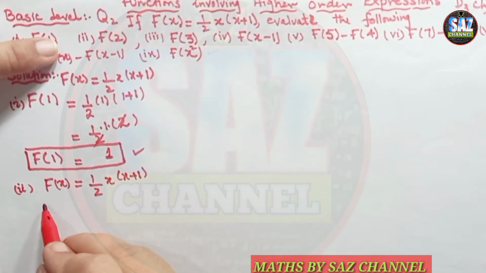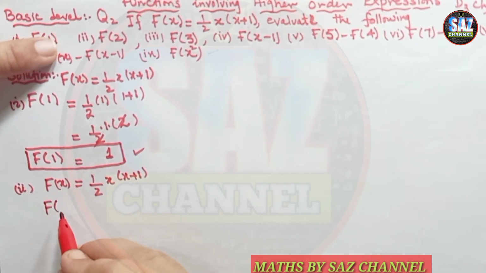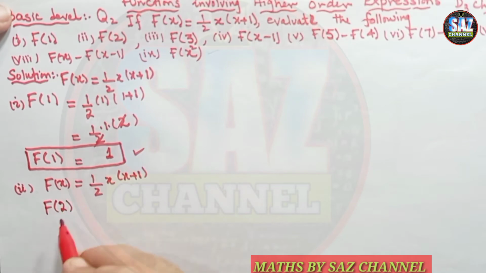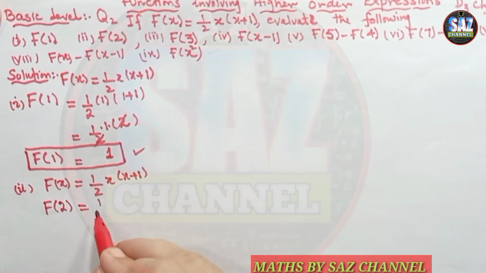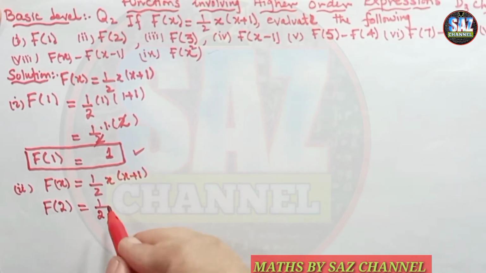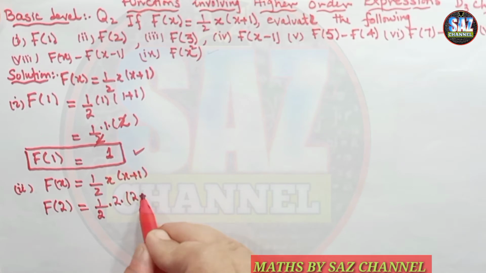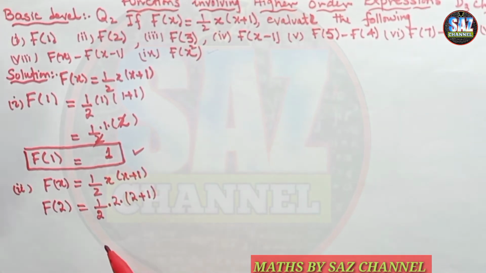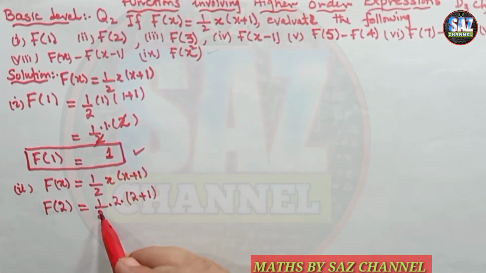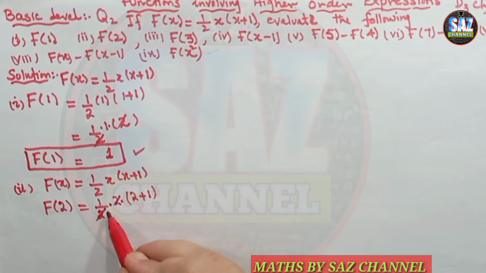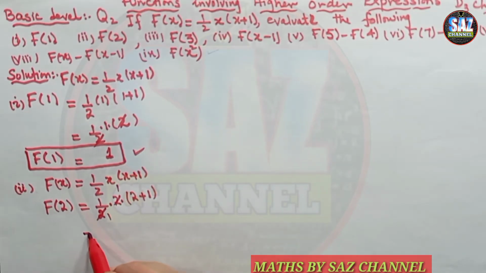Instead of the variable, I have to replace the input or the domain, which is 2. Instead of the variable, replace 2. Input, that is 2. This dot stands for multiplication, and 2 plus 1. Try to learn to make your calculation easier. This 2 can go with this 2, and I will be left with 2 plus 1, which is 3. So f of 2 equals 3.